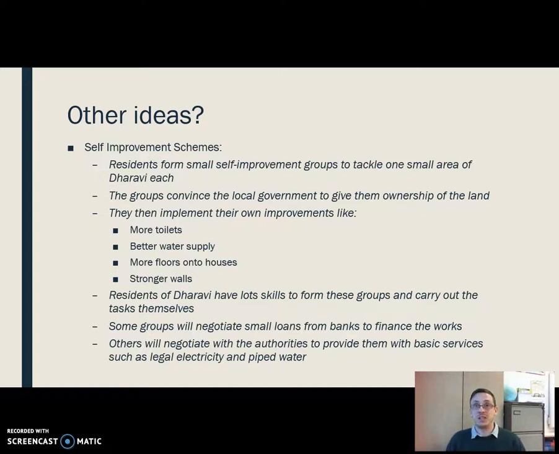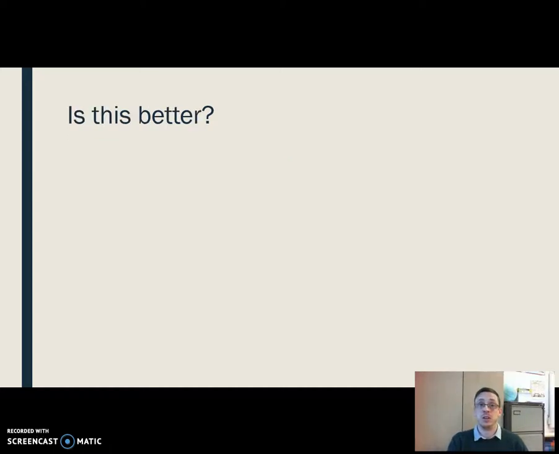The residents of Dharavi have a lot of the skills that they would need to do this. Some of the groups are talking about negotiating small loans from banks to finance it, and others are trying to petition the government, be it Mumbai city or the Indian government itself, to get some of the local amenities improved, get a legal electricity supply, have proper piped water delivered to people's houses.